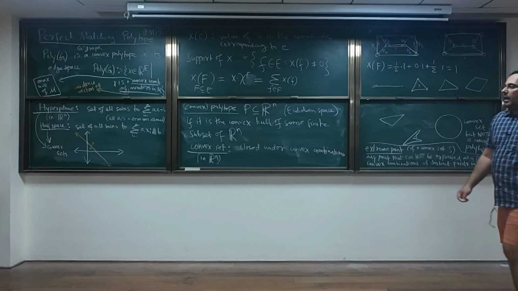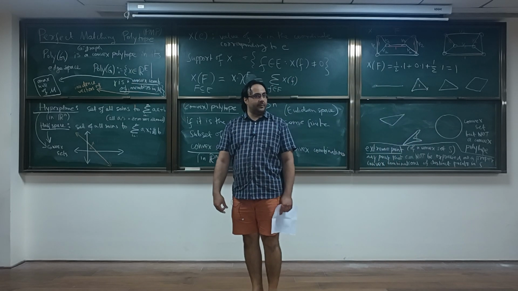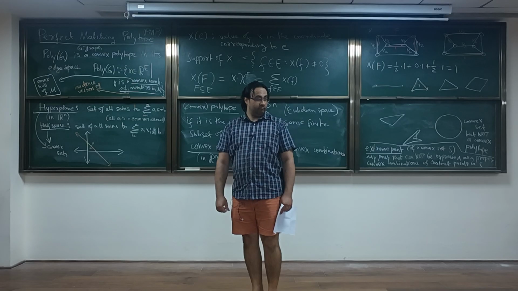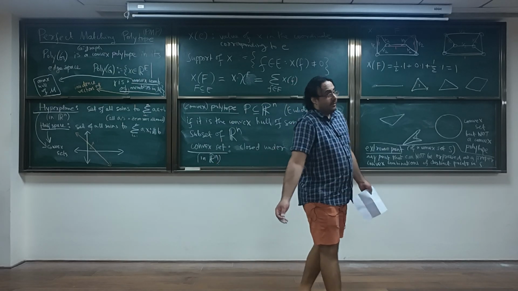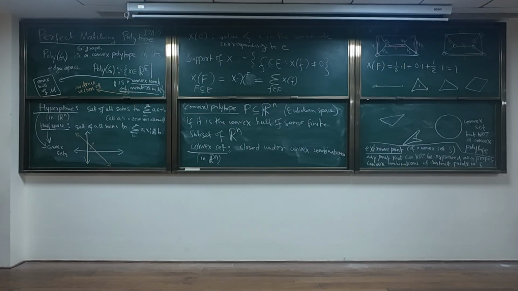Another point worth noting is that if you take the intersection of two convex sets, what you get is again convex. Think about it, it's not too difficult to see.